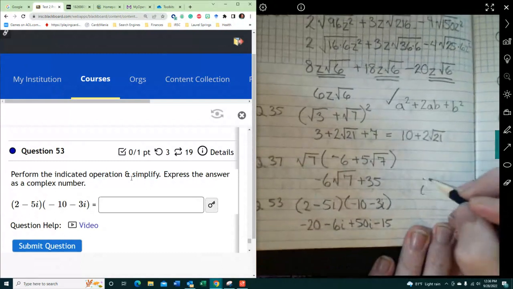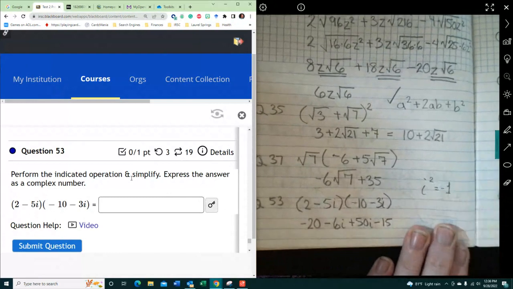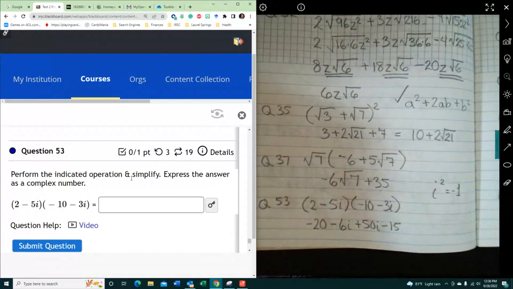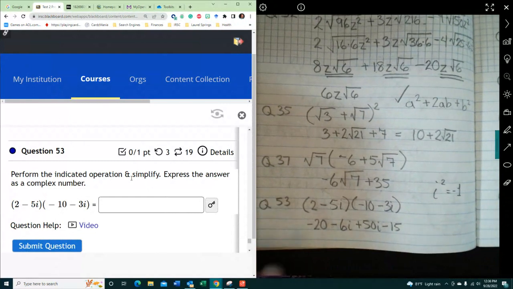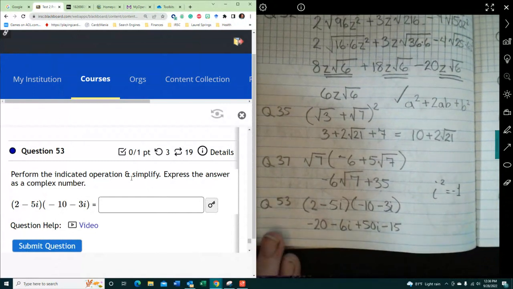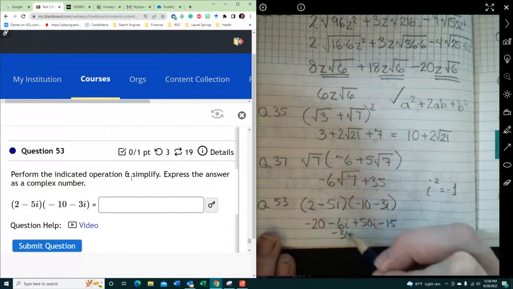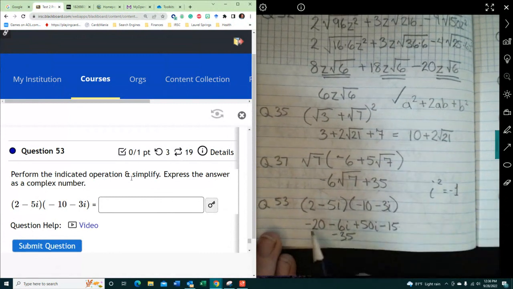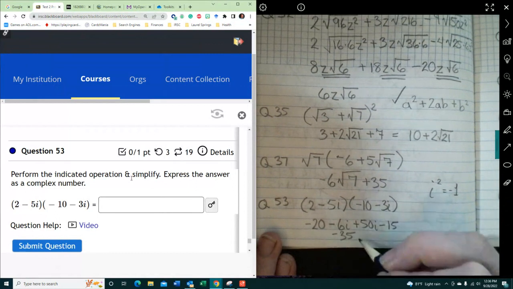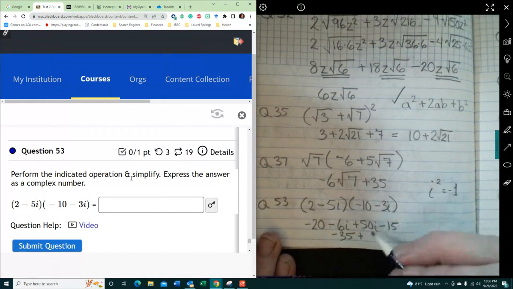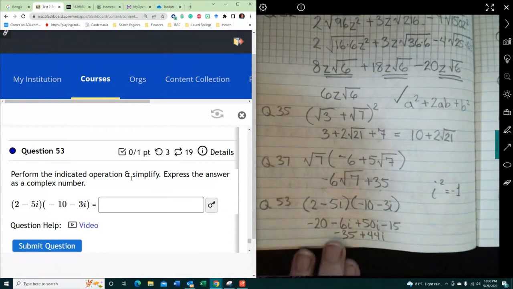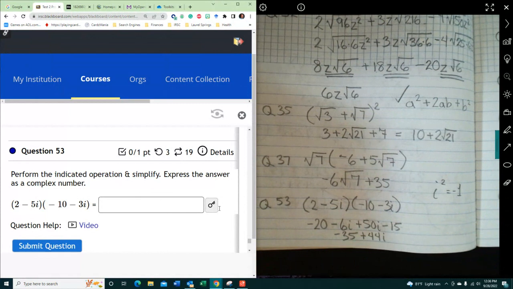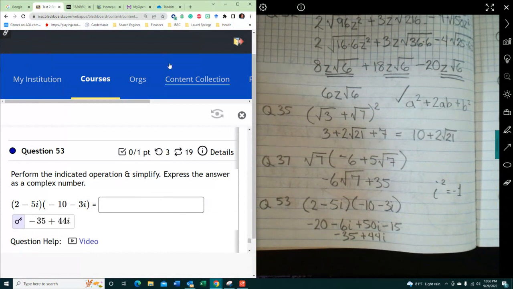Remember that. Now, bringing these two parts together, we get -35. And then bringing these two parts together, we get positive 44i, because we subtract 6 from 50. And there's our answer. Gotta love getting it right.